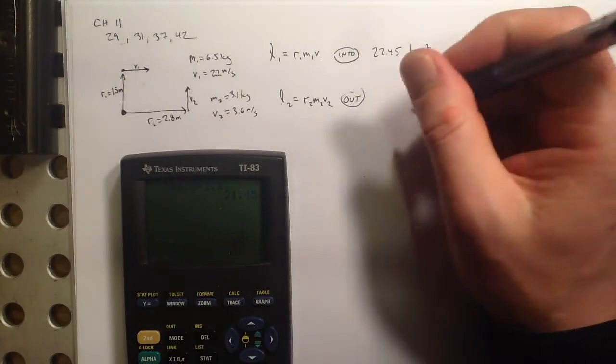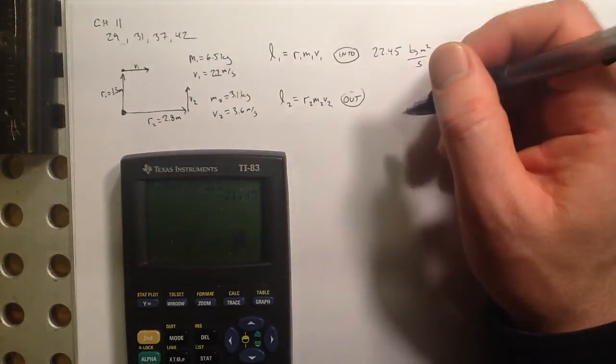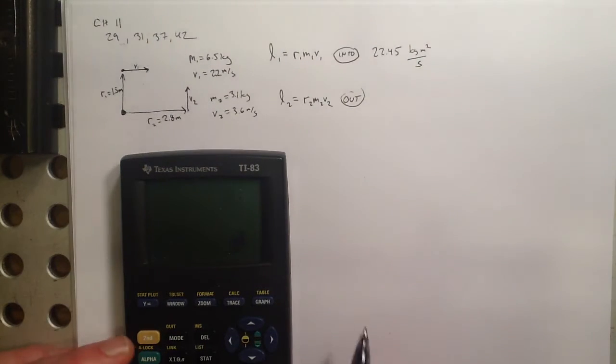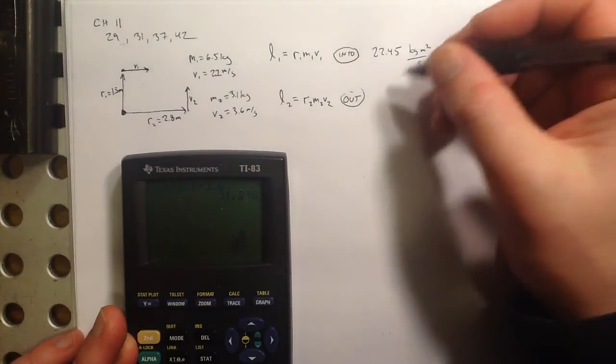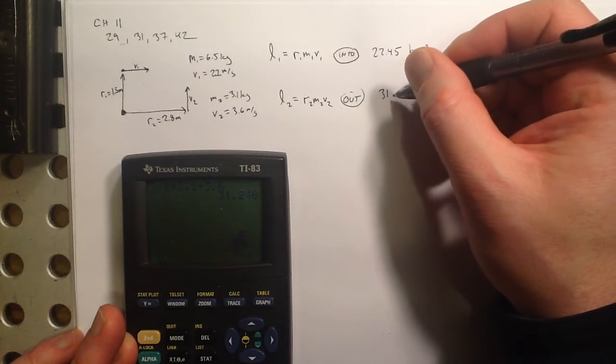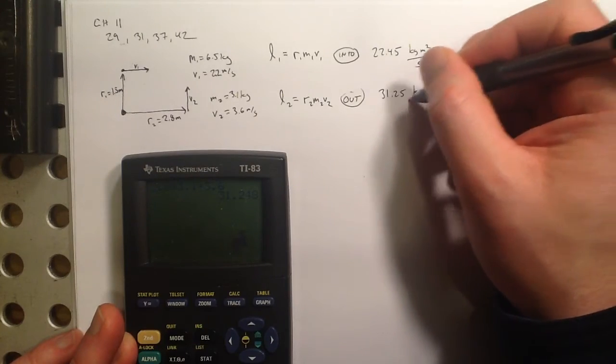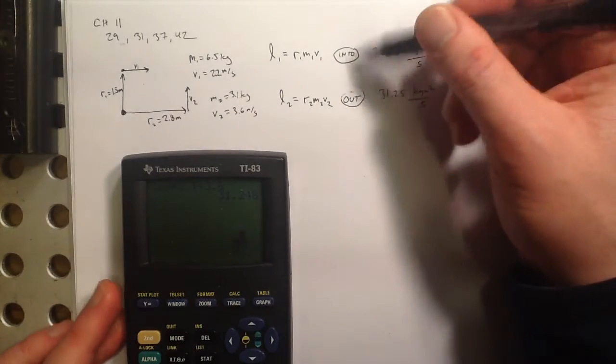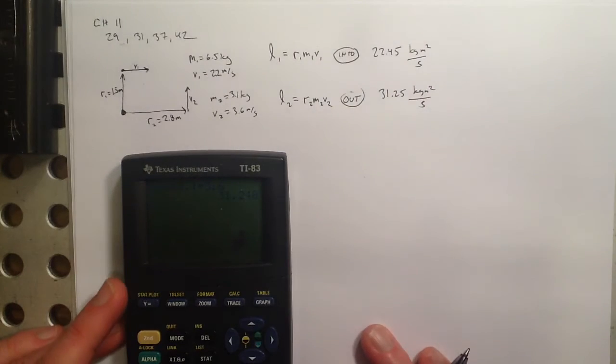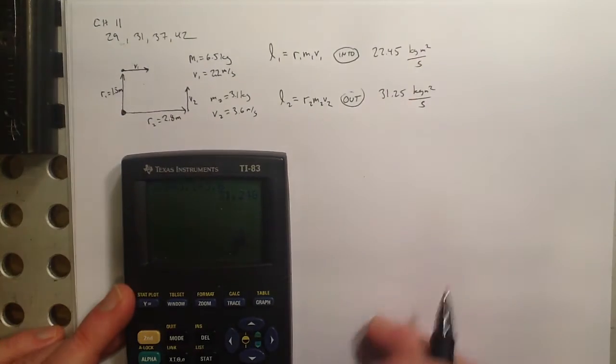And then for the other particle, we have r, m, v, 31.25. So they're in opposite directions, so we would have to subtract them, and out of the page is winning.